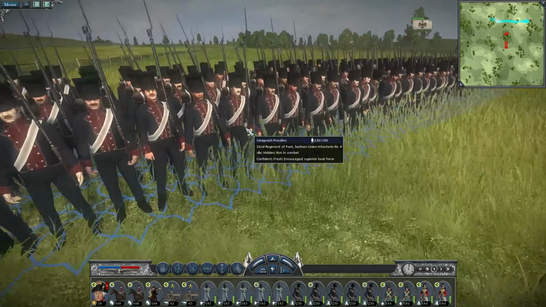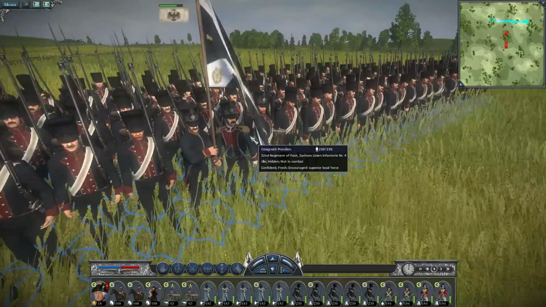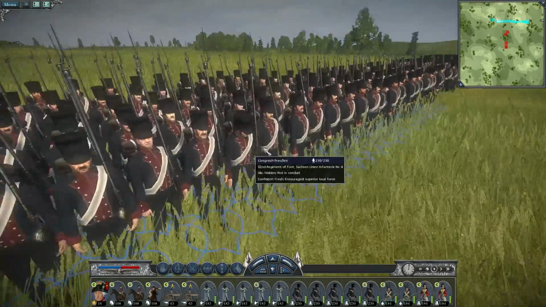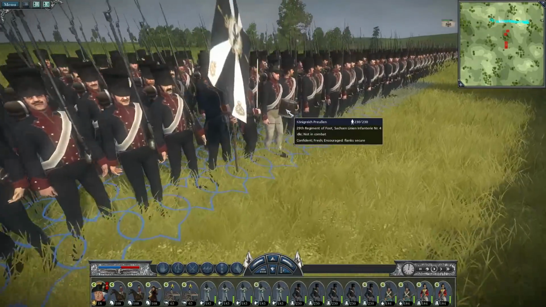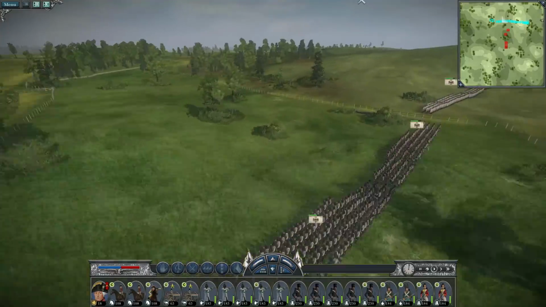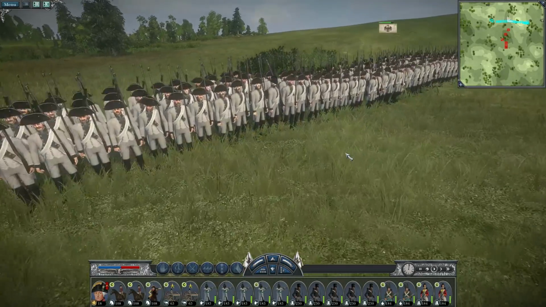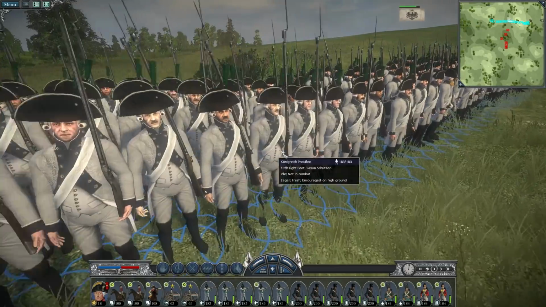And then we go on to a unit that is very much French inspired. Well, not all of them. The line infantry, yes, they are very much inspired by the French. But then we go on to a unit that isn't. Well, with the uniform, I guess only the hat.